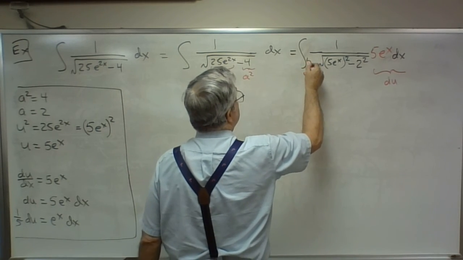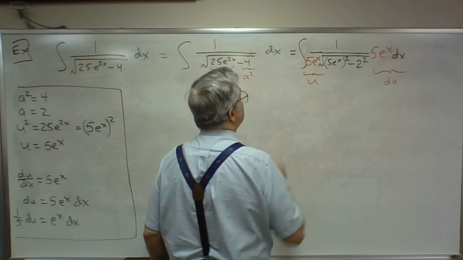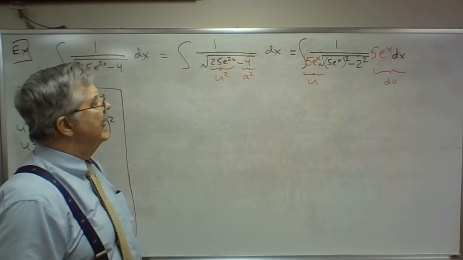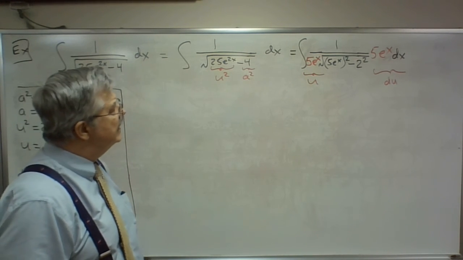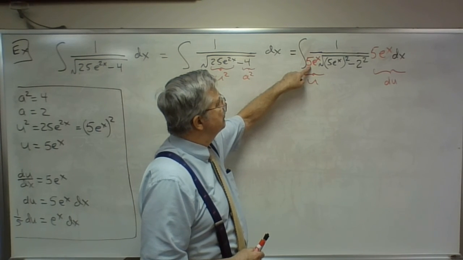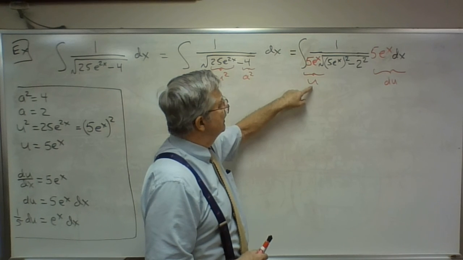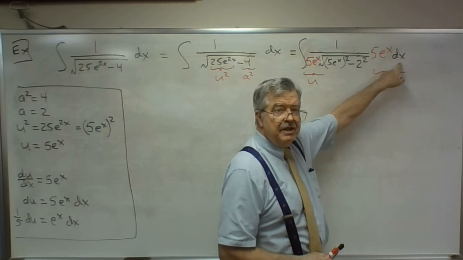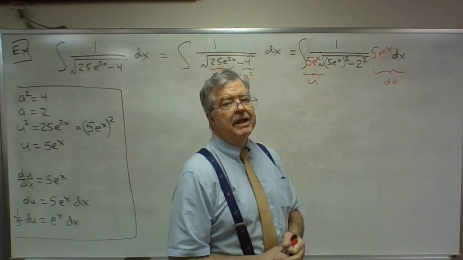And you know what? I'm going to do it right here. Oh my goodness. This is u here. Exactly what I needed. This whole thing is du. Exactly what I needed.